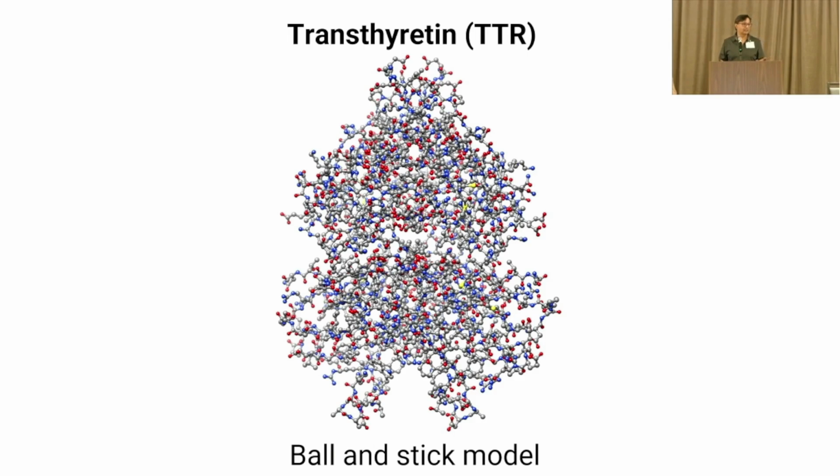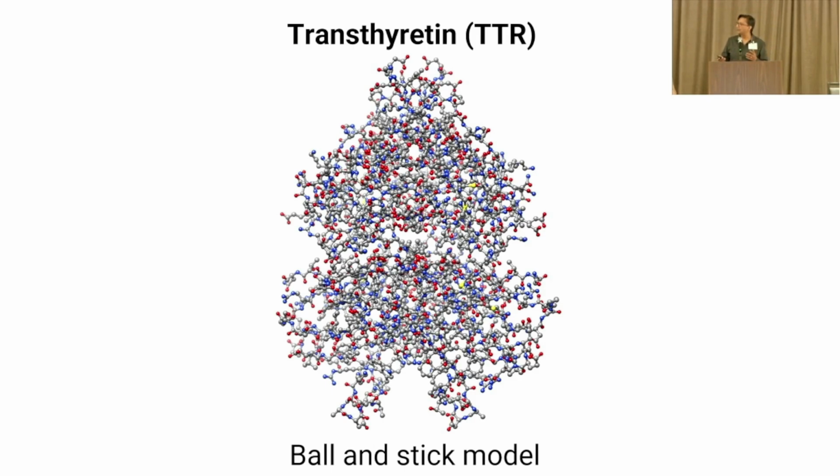It's the ball and stick model, right? The problem with this model is there's too many atoms. You can't see the forest for the trees. So usually when we look at protein structures, we look at a part of the protein or a subset of the protein atoms at a time.